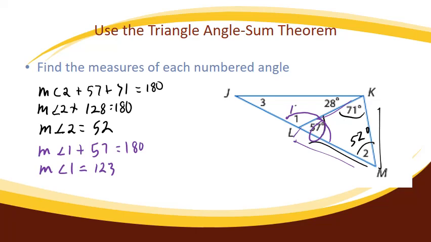So this is 123, and that makes finding the measure of angle 3 fairly simple.